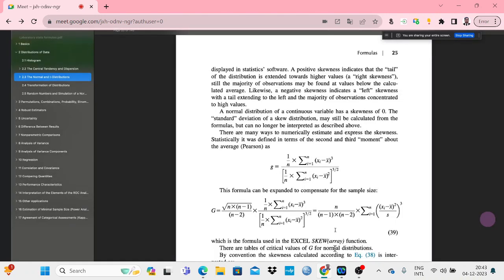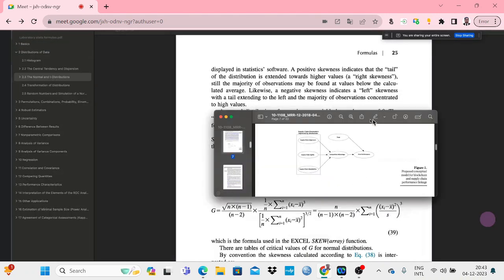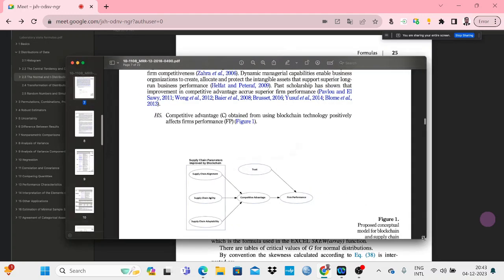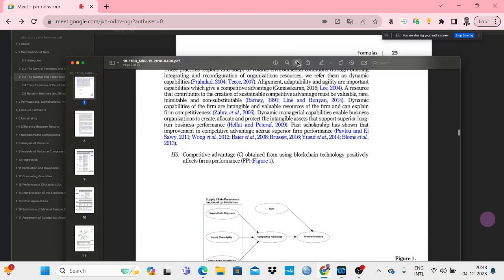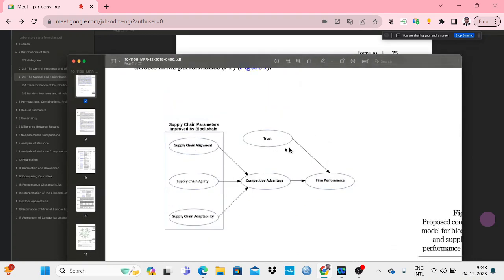We started with this framework, and then we tried to evaluate from our collected data whether this theory that we are trying to develop fits the data. First of all, in the measurement model, we saw that all these constructs and the items we have used fit perfectly.